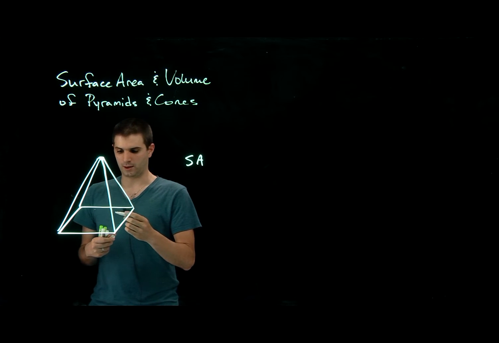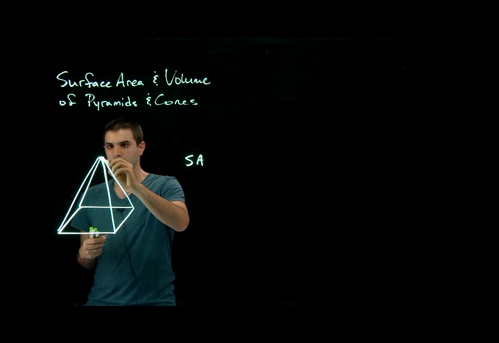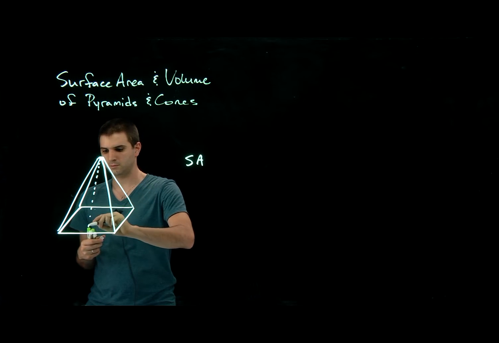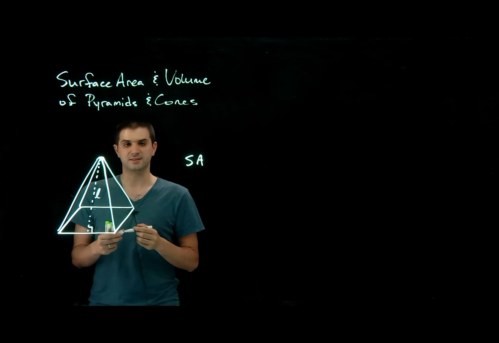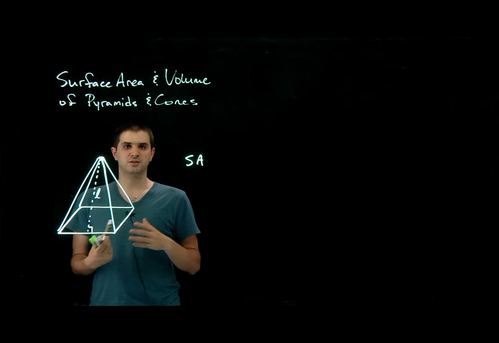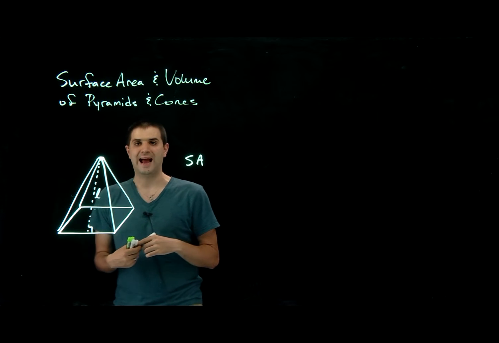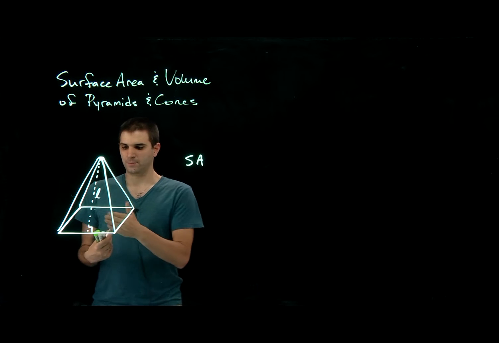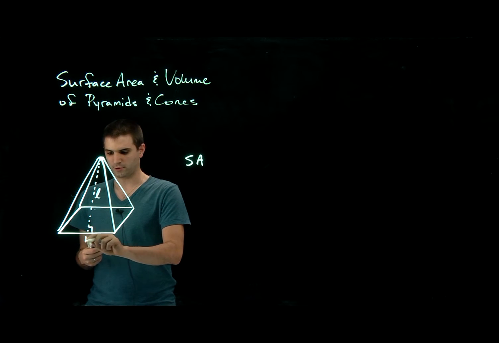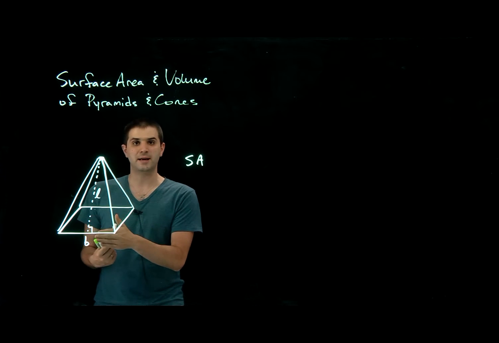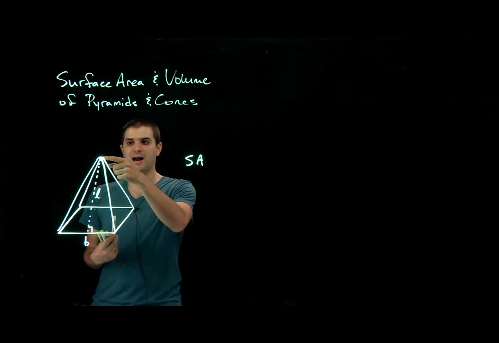Well, if we look here, we're going to call this L, which means the slant height. The slant height is different from the actual height. Let's say this is the base of one of the triangles, so we have the base and the height of a triangle.